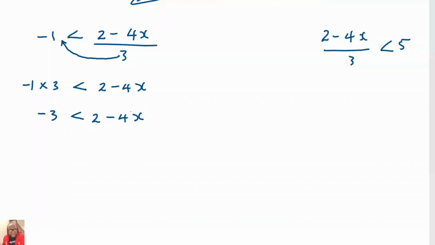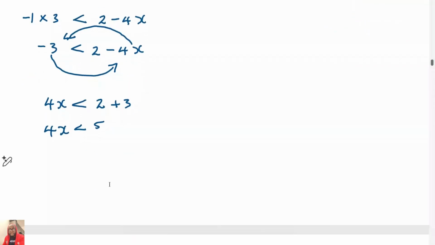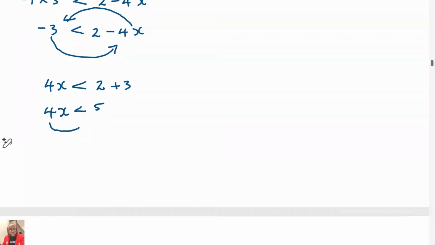If I carry this -4x here so that it becomes positive, and carry this -3 here, that's the switch I'm making. So I'm putting +4x here now, less than, you put the 2 here, -3 will become what when it goes to the right? +3. So 4x would be less than 5. Everybody good there? What am I doing with the 4 now?